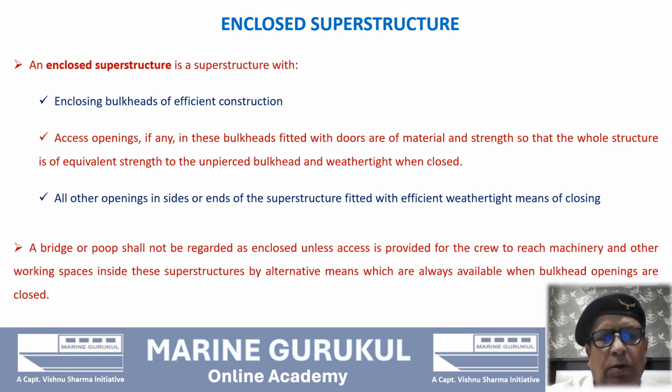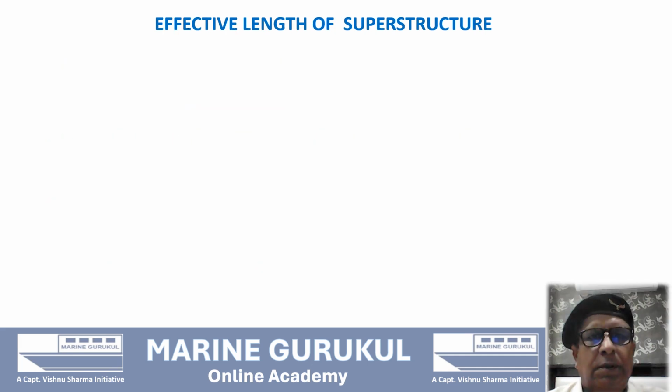And for a bridge or a poop where the crew needs access, they shall not be regarded as enclosed unless alternative means of reaching these spaces are provided when the bulkhead openings are closed. And if all these requirements are fulfilled, the superstructure shall be referred to as an enclosed superstructure.